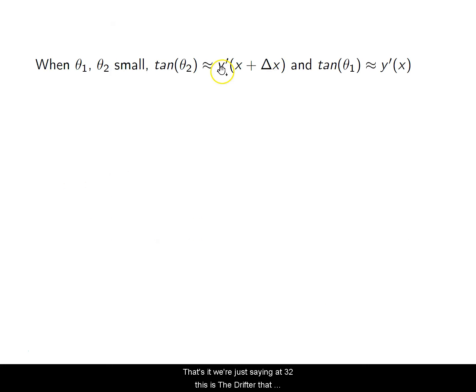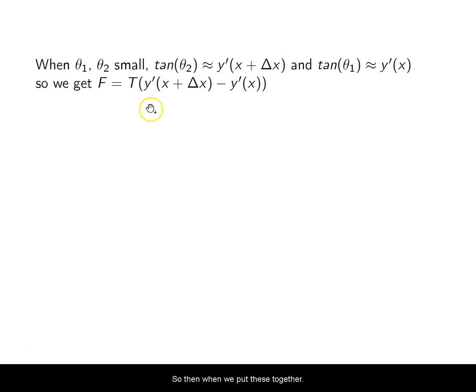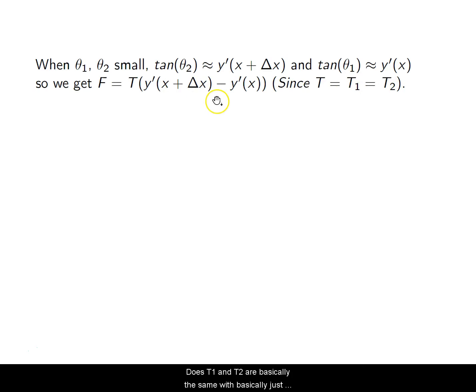So at theta 2, this is the derivative at that point, and at theta 1, this is the derivative at that point. Then when we put these together, since t1 and t2 are basically the same, we're basically just pulling that out, and this force is the same as the difference between these. We're equating those values here.